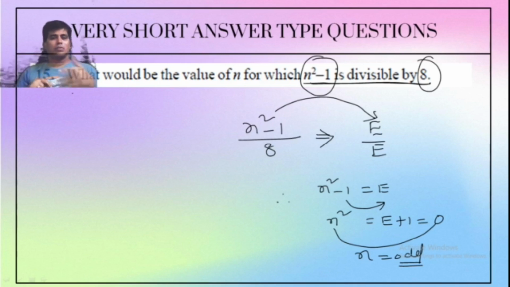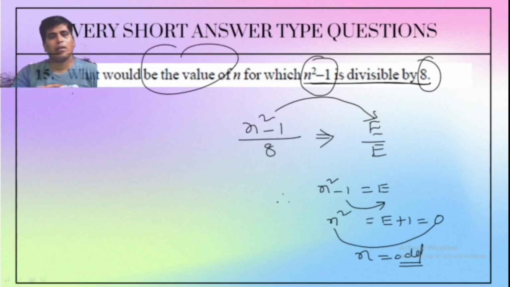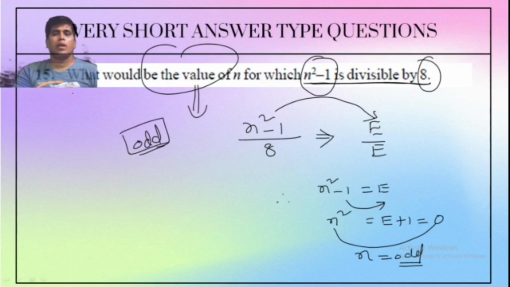So here, what is your option? Even number or odd number? What value of n? N should be an odd number. Then only it is possible. N square minus 1 divisible by 8 means definitely it is even.